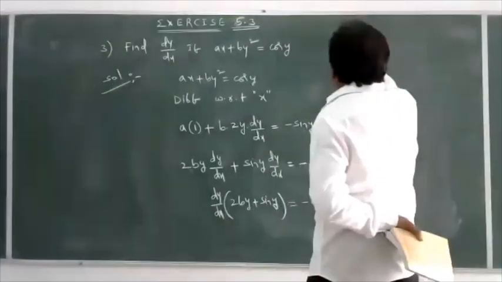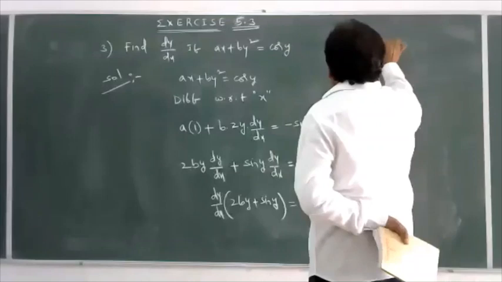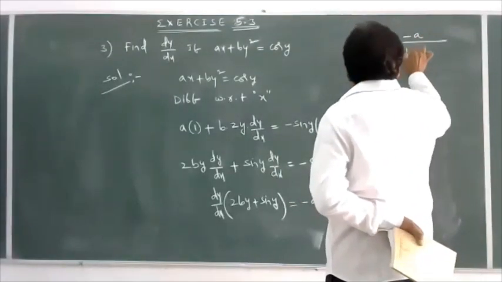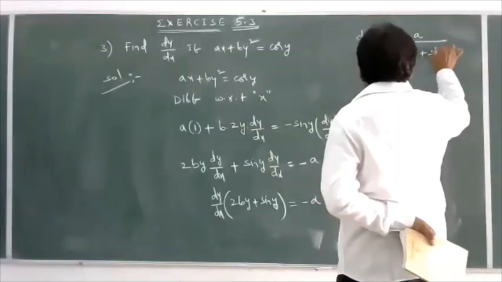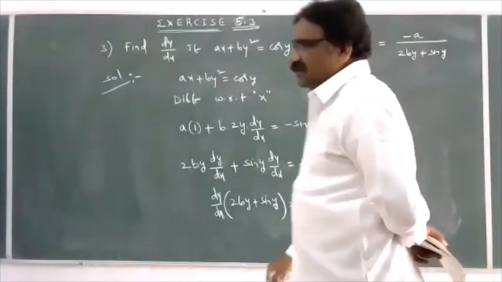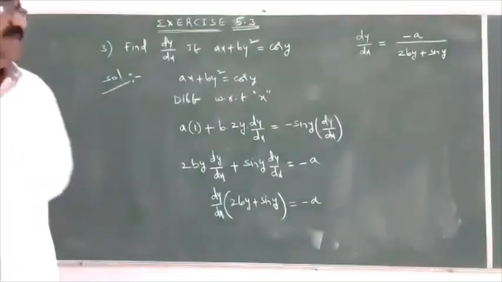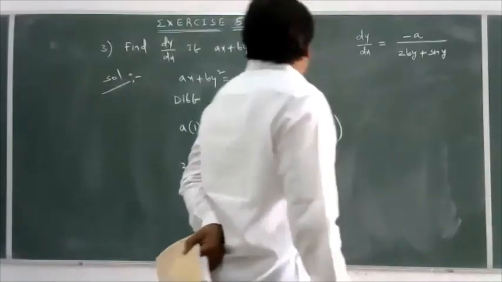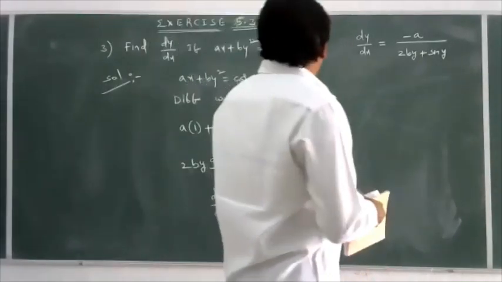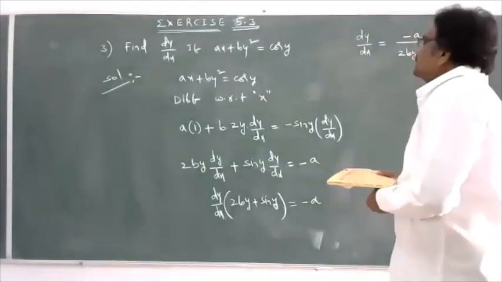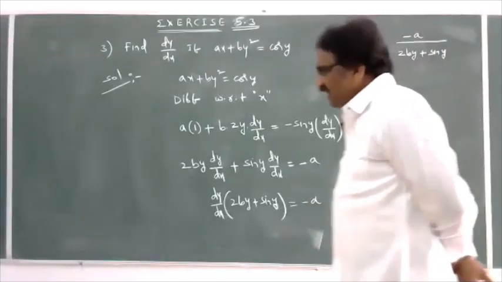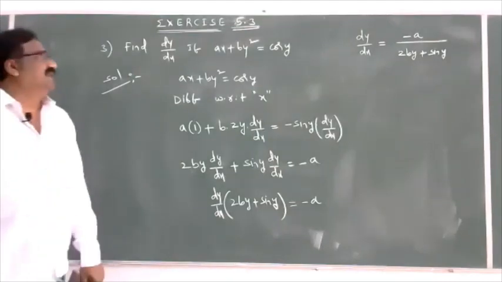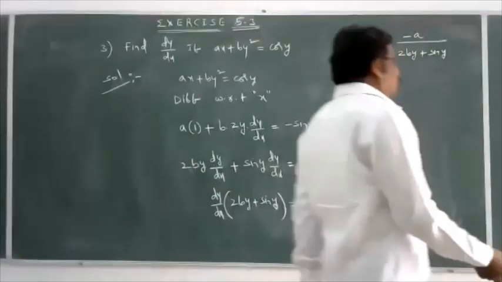That is dy by dx. dy by dx is equal to minus a by 2by plus sin y. So this is the derivative of the given function, ax plus by square is equal to cos y.